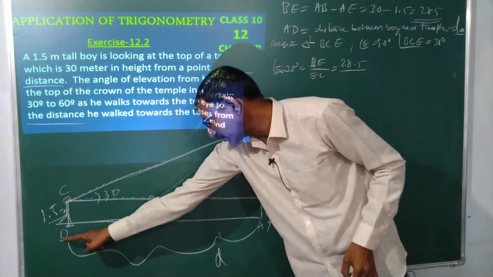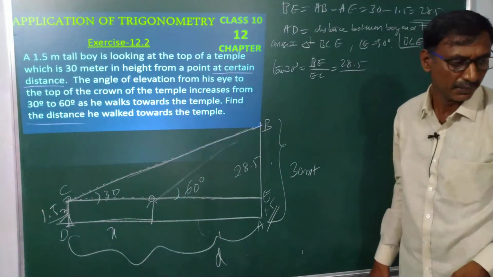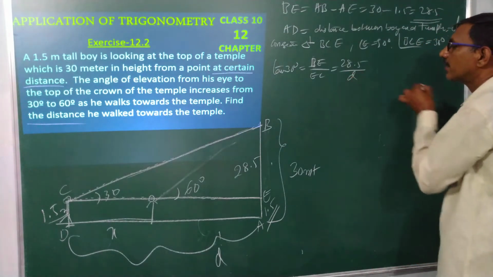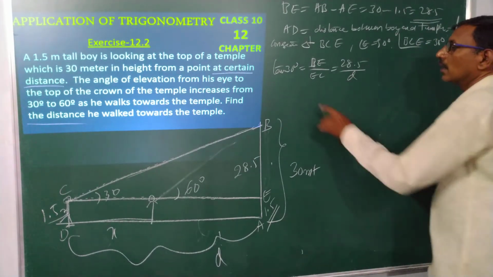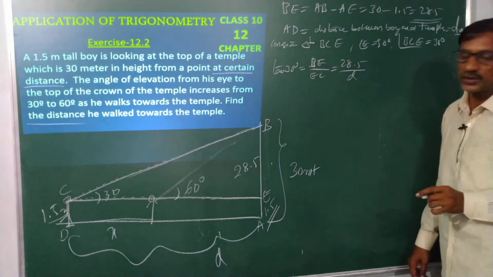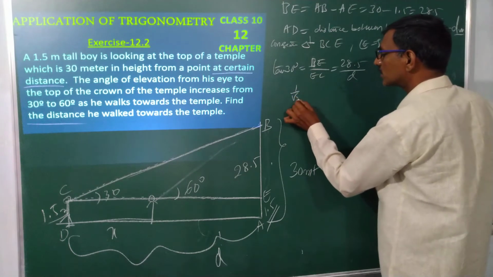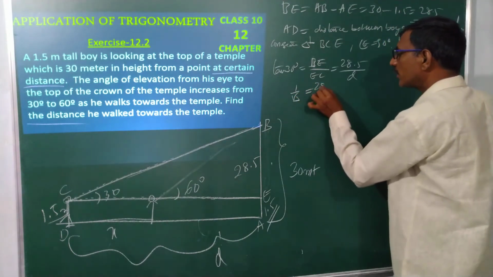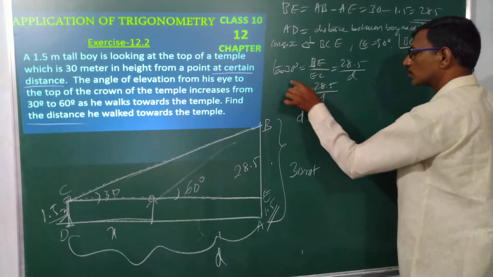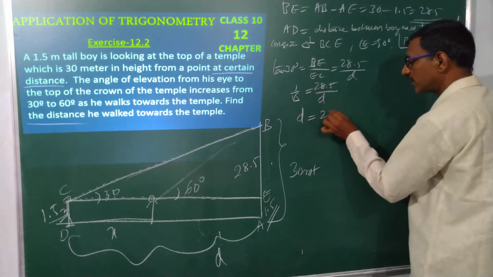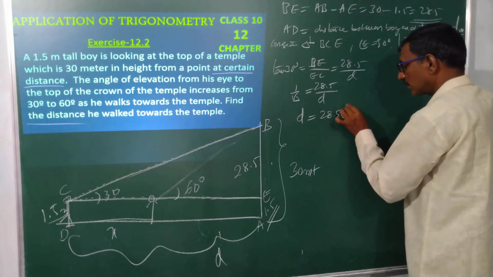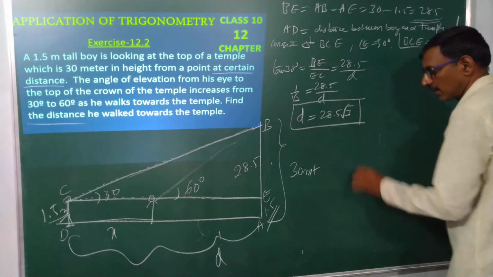EC is nothing but AD, because in a rectangle opposite sides are equal, so I can use D here. I know tan 30 degrees is 1 by root 3. So 1 by root 3 is equal to 28.5 by D. By cross multiplication, D is equal to 28.5 root 3. This is my total distance.